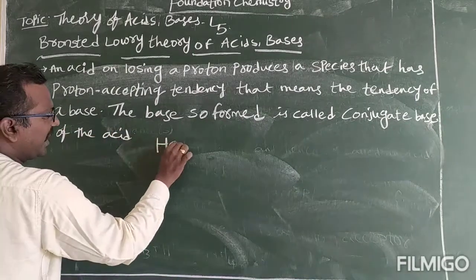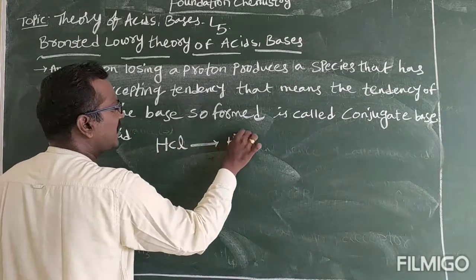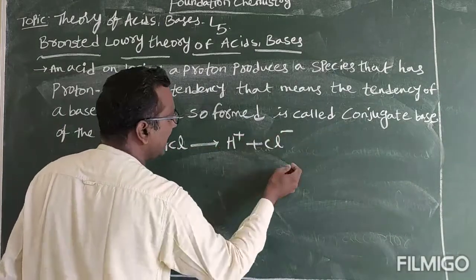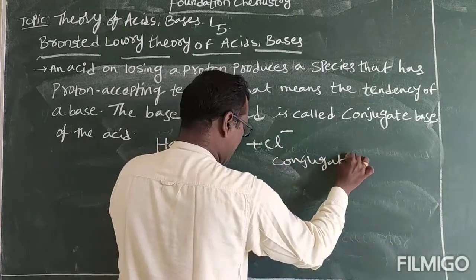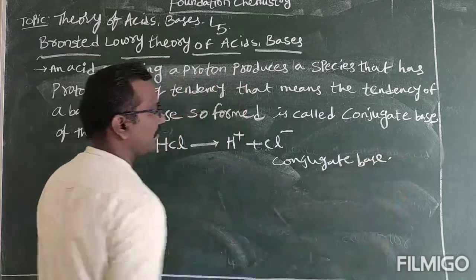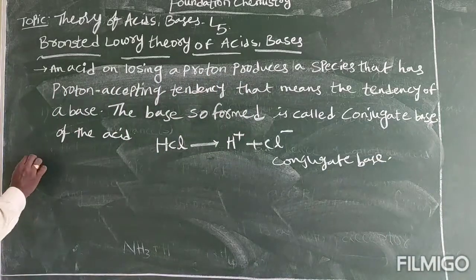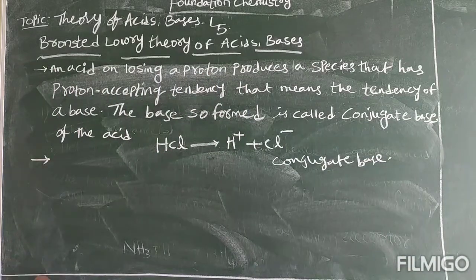Suppose you take HCl, it gives H+ and Cl-. The Cl- is called the conjugate base. In the same way, we have the conjugate acid.